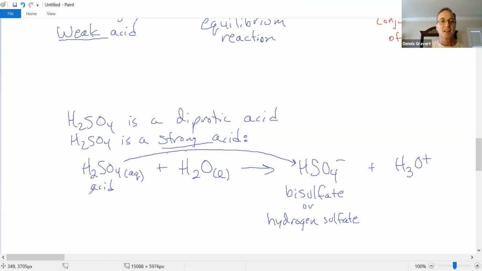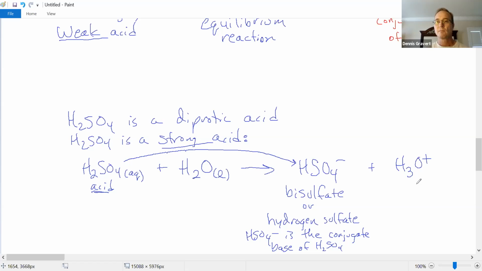Here's another idea. We have to memorize this as an acid. So its conjugate must then be the opposite, the base. Okay, so this thing, bisulfate, is the conjugate base of sulfuric acid.